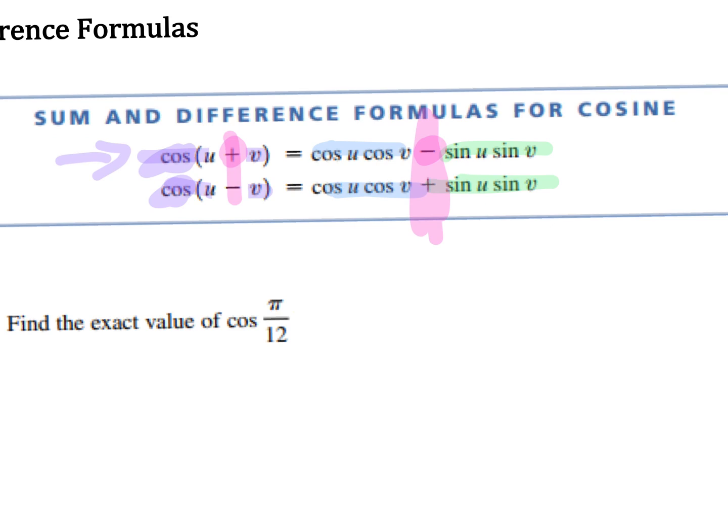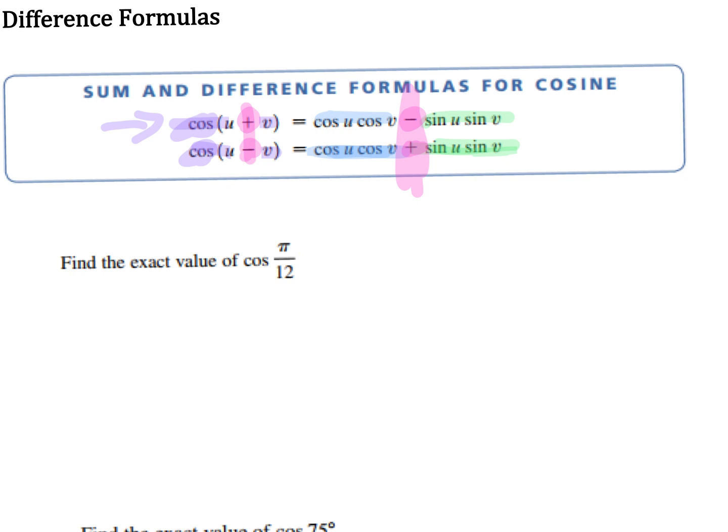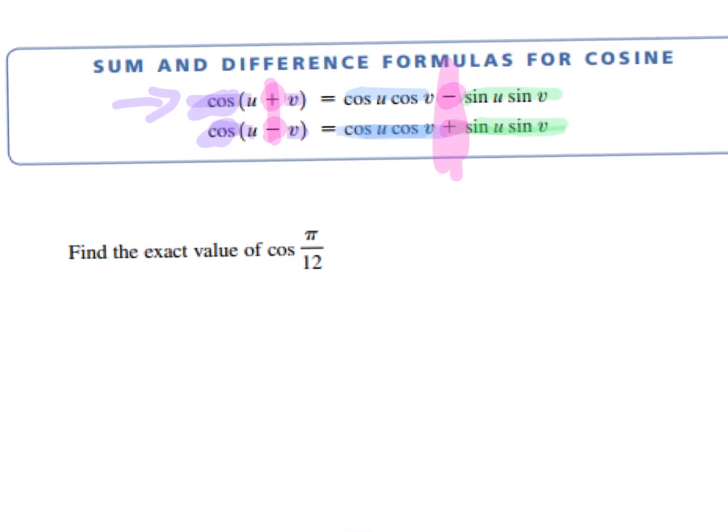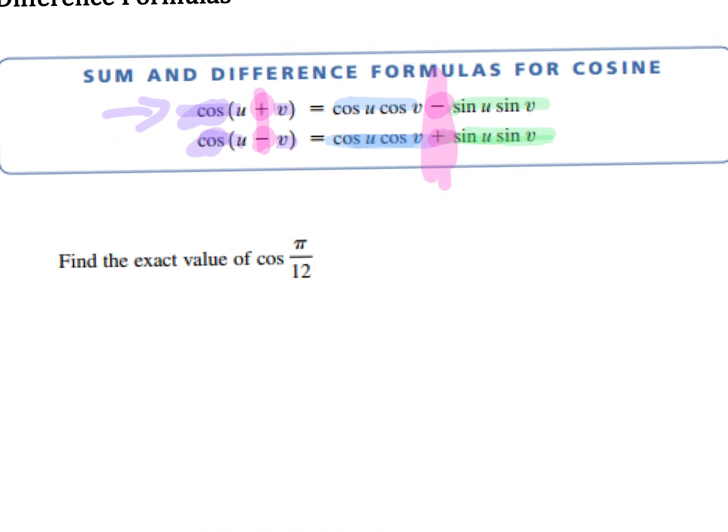Similarly, with the cosine of two angle measures that are being subtracted, the key is realizing the difference with the sines and the fact that the cosines are together and then the sines. That helps you pick out which formula it is, and you'll see why that's important in a little bit. Let's think about how we're going to use this information.